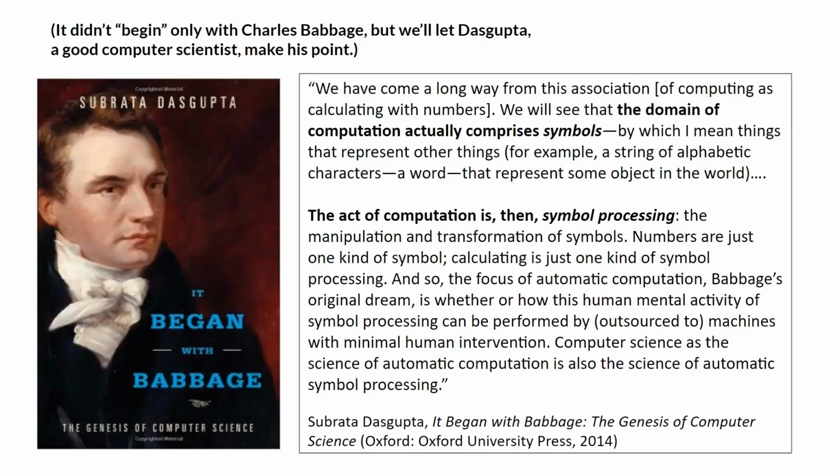And so the focus of automatic computation, Babbage's original dream, is whether or how this human mental activity of symbol processing can be performed by, or as we might say today, outsourced to machines with minimal human intervention. Computer science is the science of automatic computation, and is also the science of automatic symbol processing.